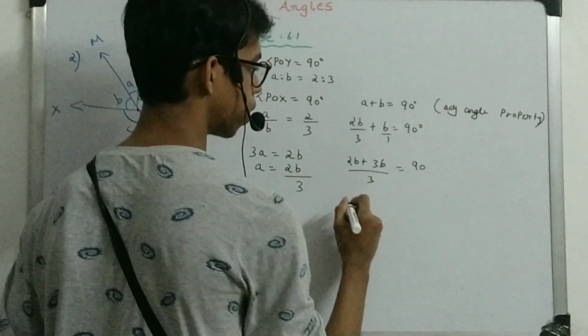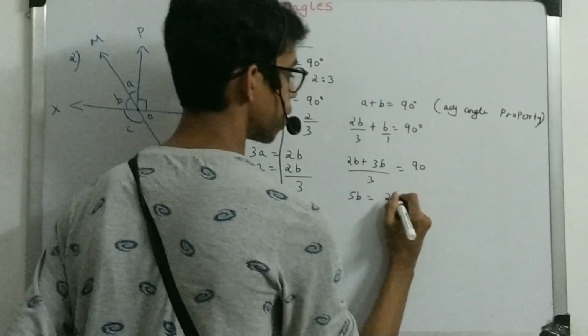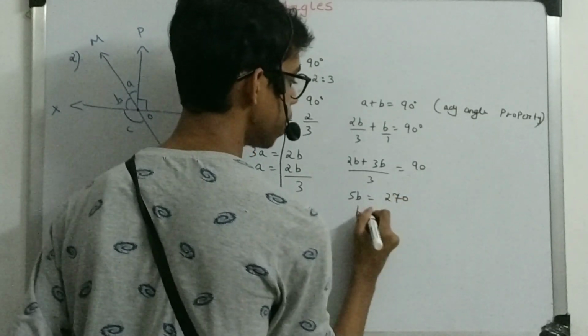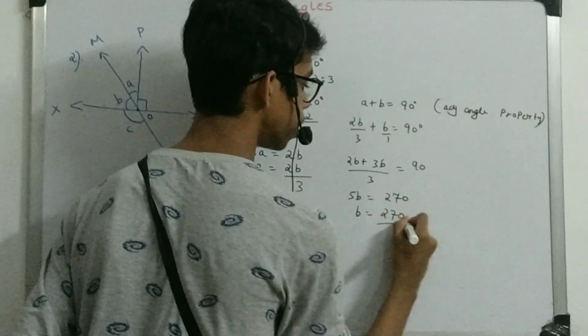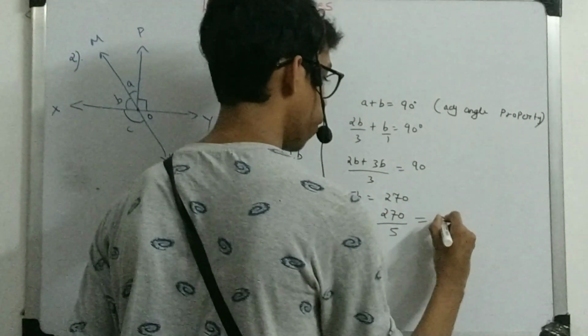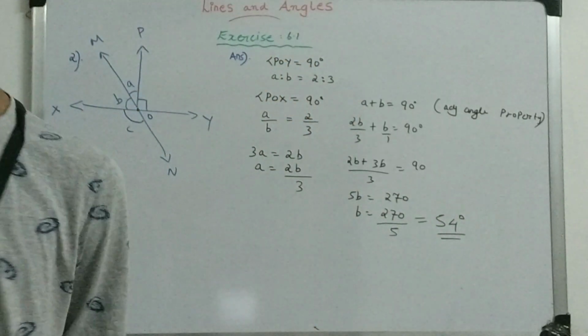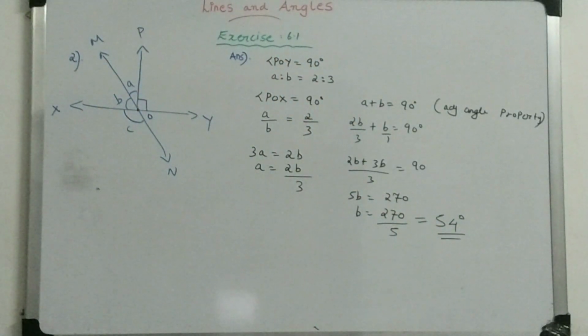So 5B is equal to 3 times 90, so B is equal to 270 by 5, which is equal to 54 degree. So you got B is equal to 54 degree.